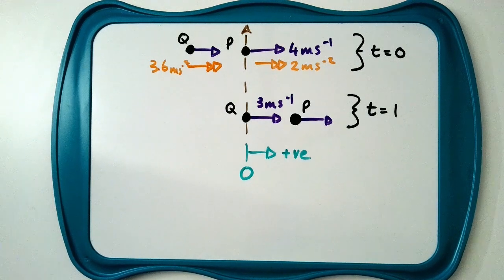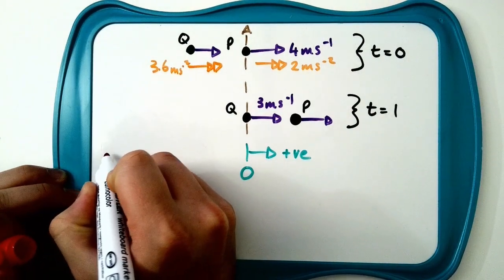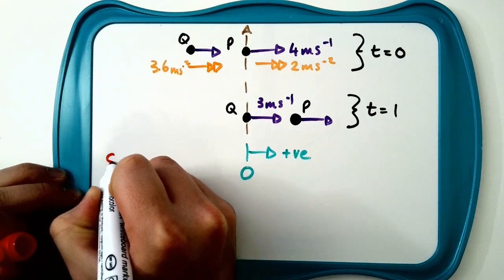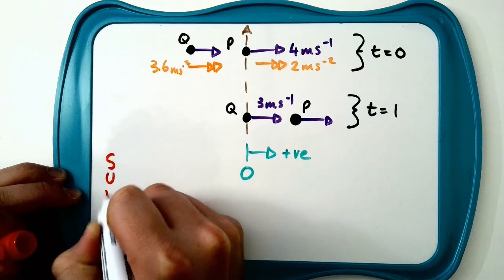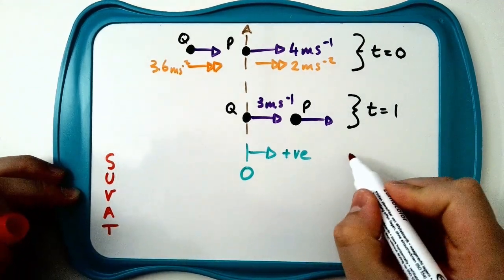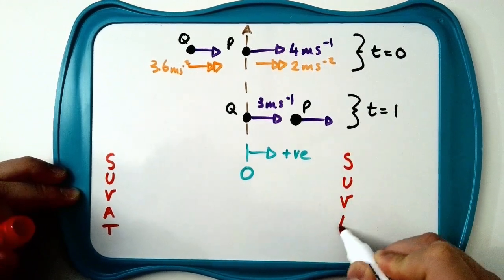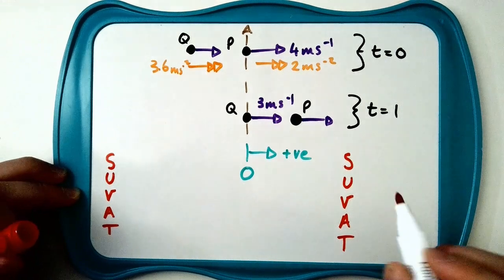Now we can get to the part where we start doing actual SUVAT. So we're going to have our P SUVAT, and we'll have our Q SUVAT over here, SUVAT and T.